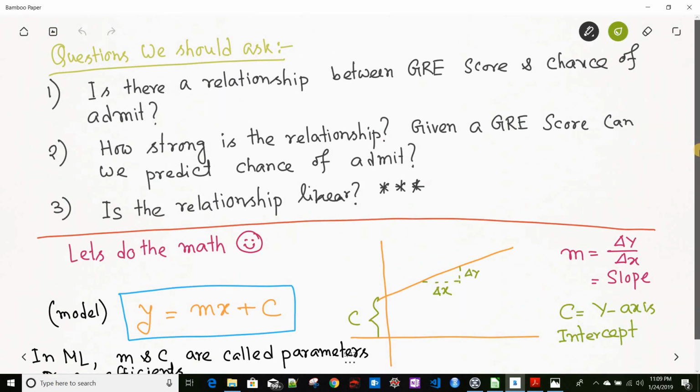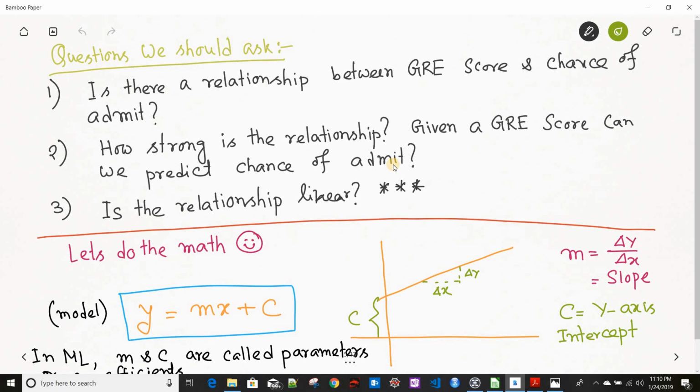We are now slowly entering the linear regression core algorithm. Before we enter that, generally when we get a data set and plan to implement linear regression to see how it fits and how the prediction works, we ask these questions. In terms of our data set, the first question is: is there any relationship between GRE score and the chances of admission?